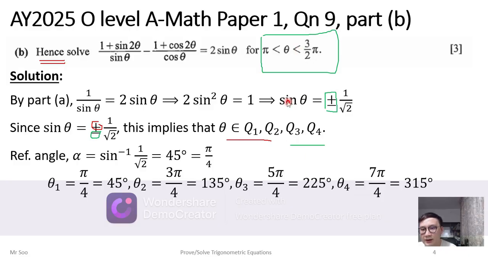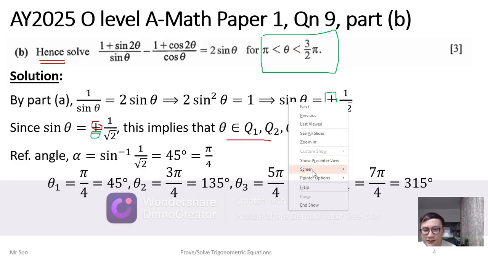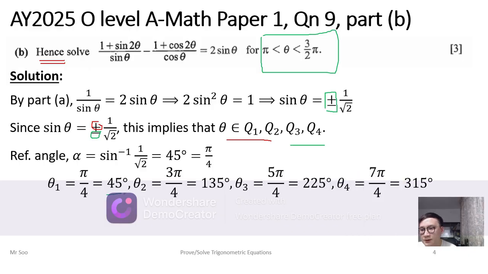If you look at the 4 answers that you have found, 45 degree, 135, 225, 315, and compare with the inequality here, where they tell you theta should be bigger than 180 in degree and less than 270 (3 pi over 2 is 270), it means your final answer for theta must fall between these two values.